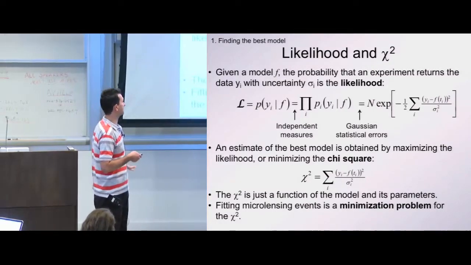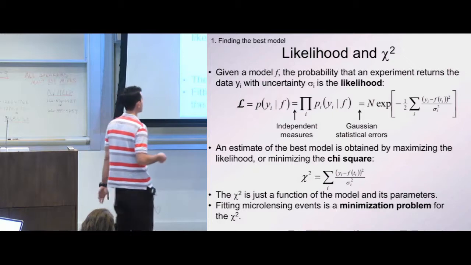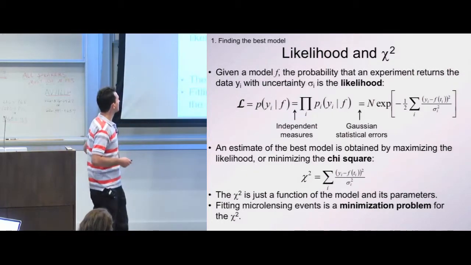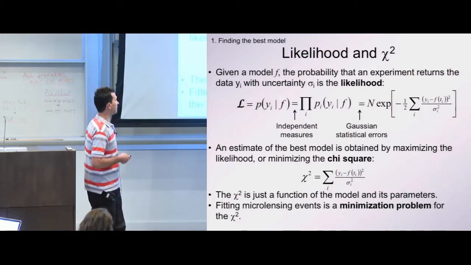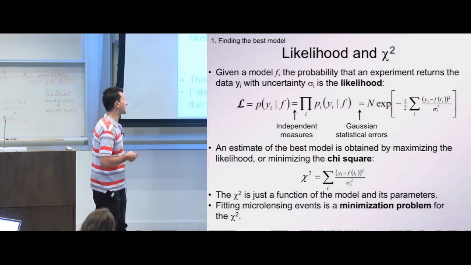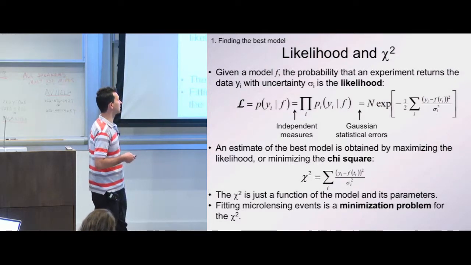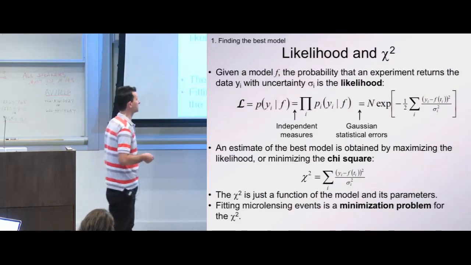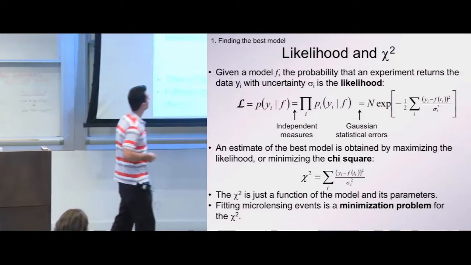So the chi-square is just the difference between the data and the prediction of your model divided by the statistical uncertainty of your measure, and squared, of course. So after all, if you want to find your best model, you need a minimization algorithm for the chi-square. And in the end, the chi-square is just a function of the model and its parameters.